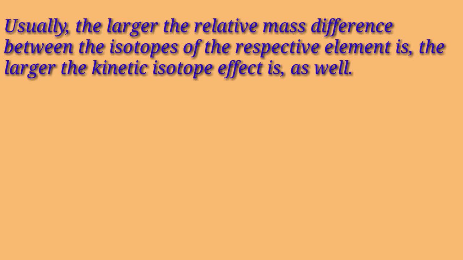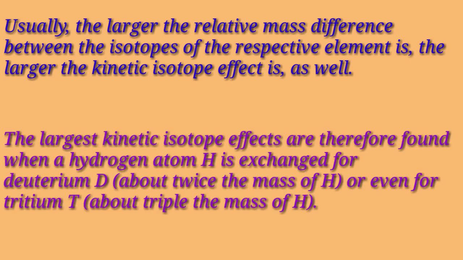Usually, the larger the relative mass difference between the isotopes of the respective element, the larger the kinetic isotope effect observed. The largest kinetic isotope effects are therefore found when a hydrogen atom is exchanged for deuterium and even for tritium.